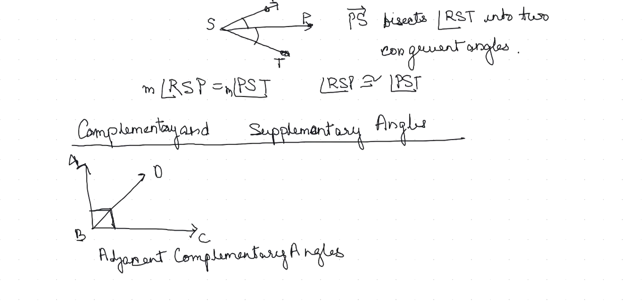So angle ABD plus DBC is equal to 90 degrees. Complementary angles are the angles that add up to 90 degrees.